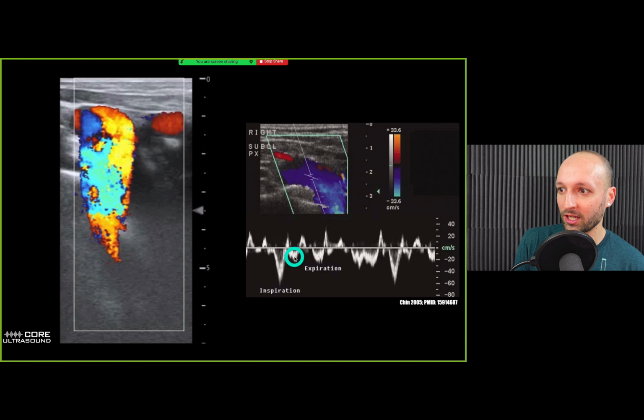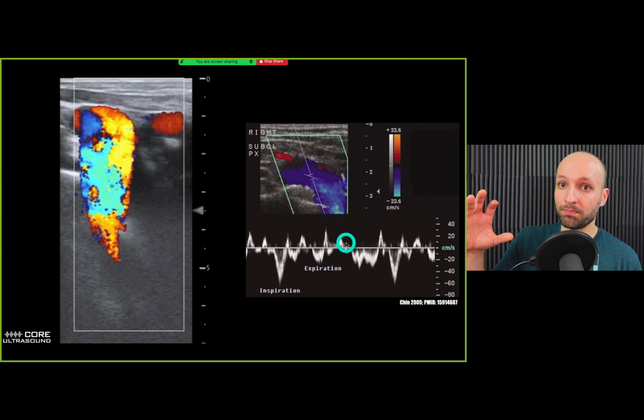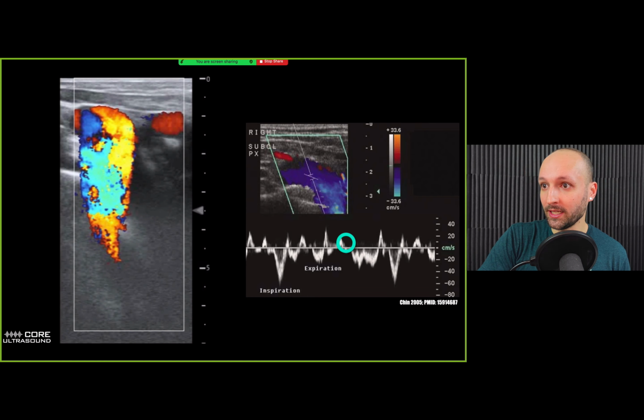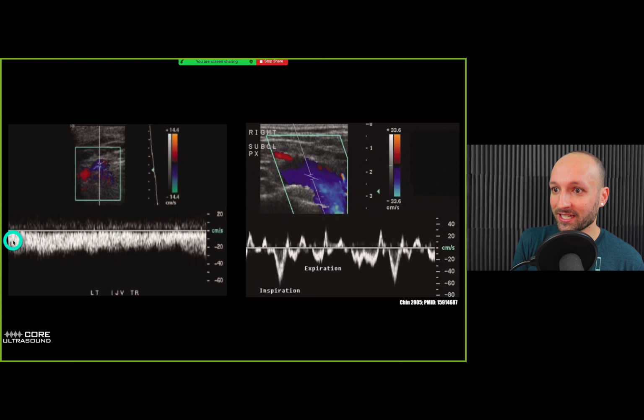So you want to see this kind of triphasic flow, and that means that it is a venous pulsation, and that there is nothing blocking the pressure differences in the heart from getting back into those central veins. What you don't want to see is this guy right here.